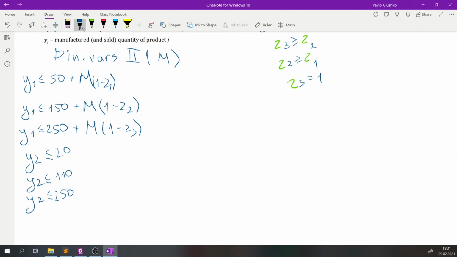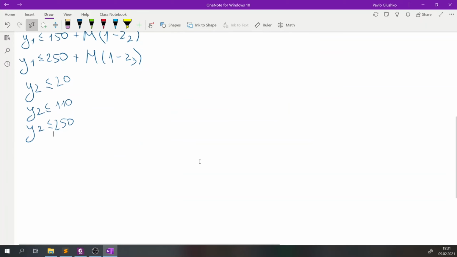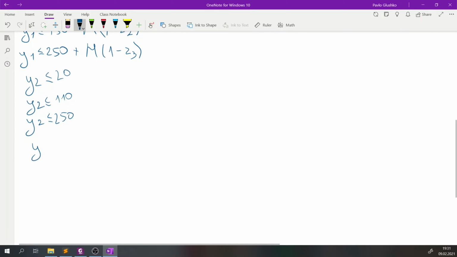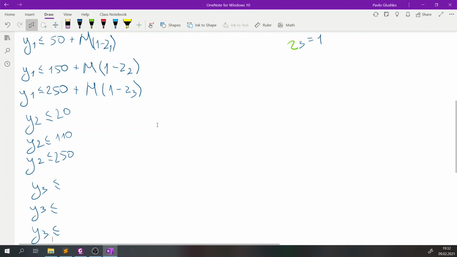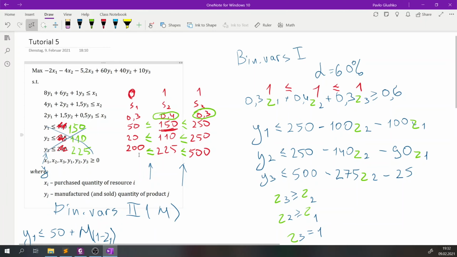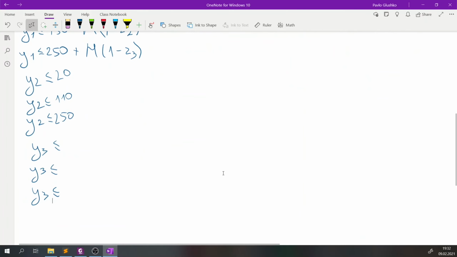And then for also y3. So it's quite lots of constraints. It was 2110, 250, 200, 225, 500. And of course, this M everywhere.